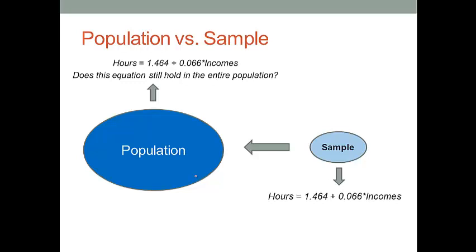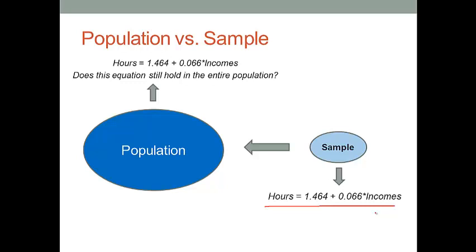Currently, we build the relationship between hours and incomes from the current sample. I see hours equals 1.464 plus 0.066 times incomes. From this sample, I found how the user's incomes influences how long she will use the mobile app.